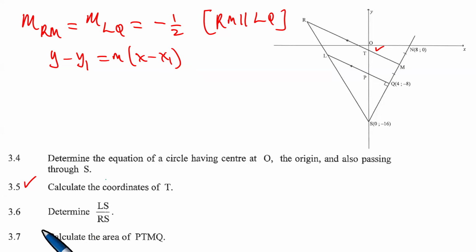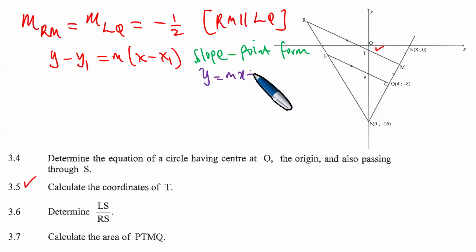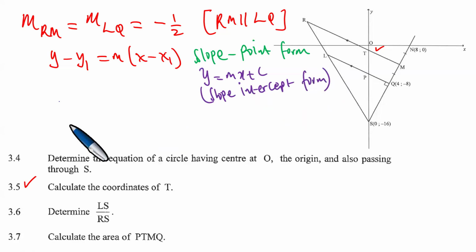There is another equation of a line that we call the slope intercept form, y equals mx plus c.